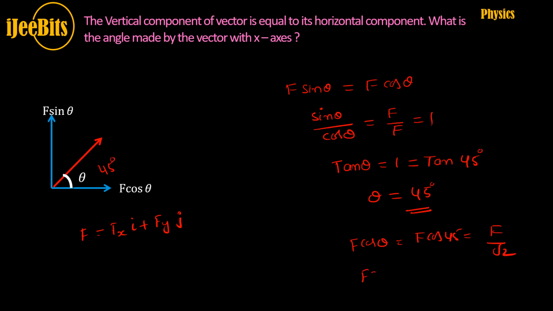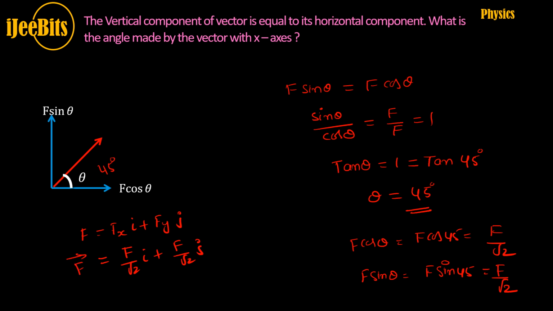Similarly, F sin theta is nothing but F sin 45, which is also F by root 2. So the answer would be F by root 2 i plus F by root 2 j, which is your net vector.